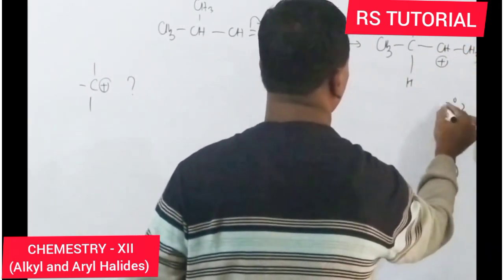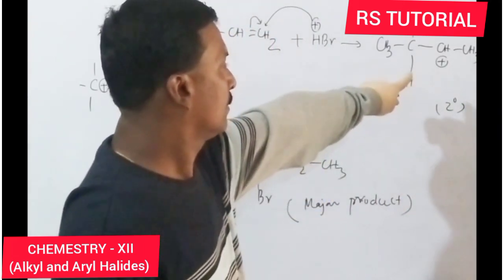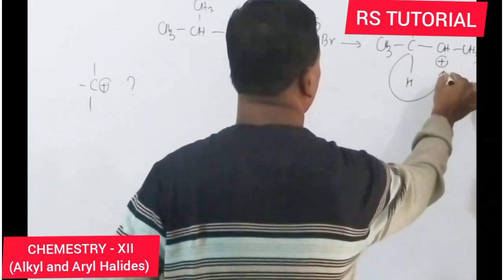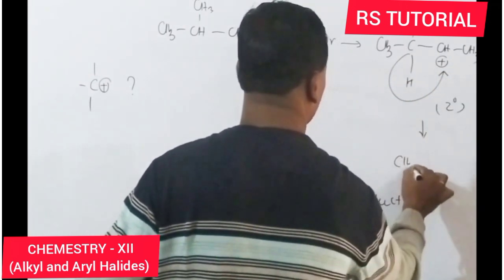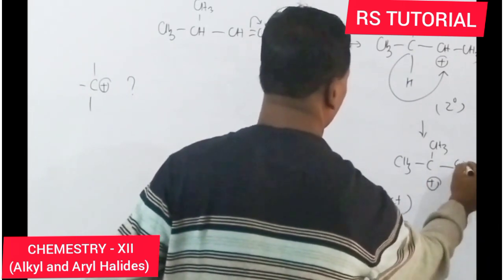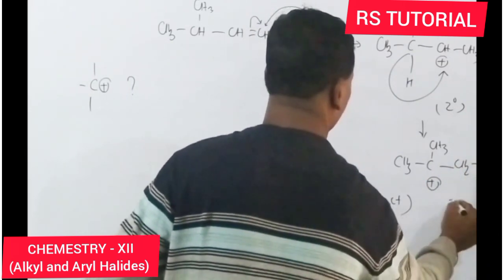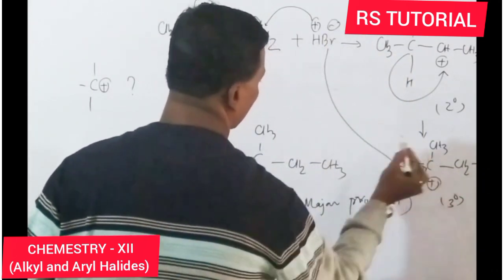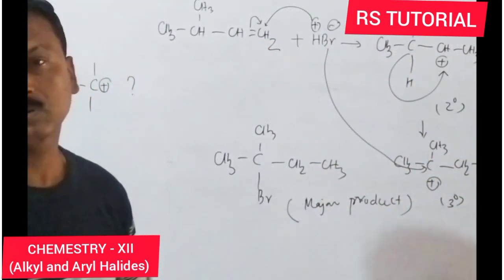This is a 2 degree carbocation. In case of carbocation, rearrangement will occur. Therefore, shifting hydride here, we get a carbocation of this kind, a more stable 3 degree carbocation. Now, Br minus will attack this carbon and you are getting the product.